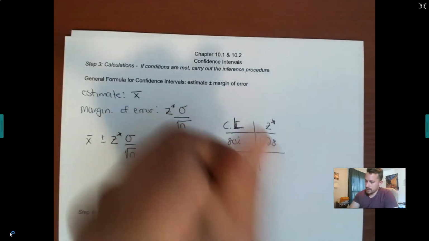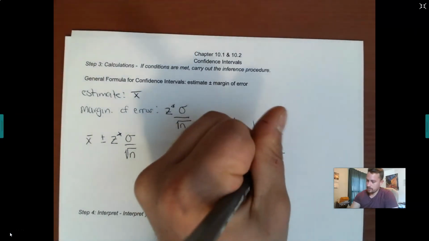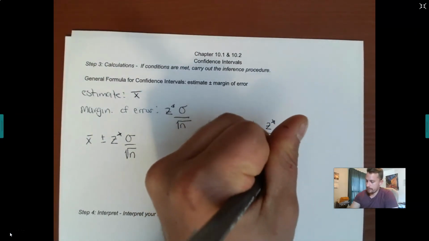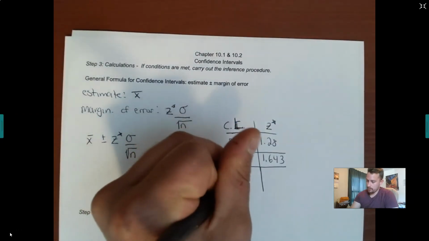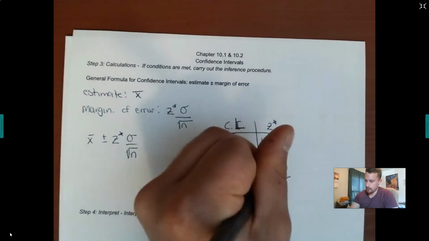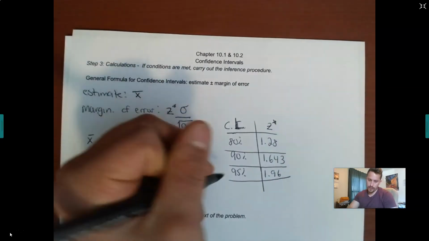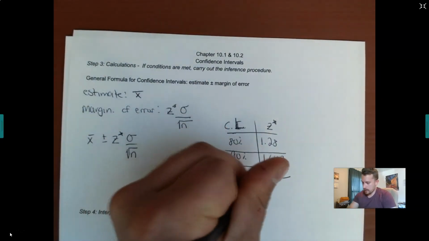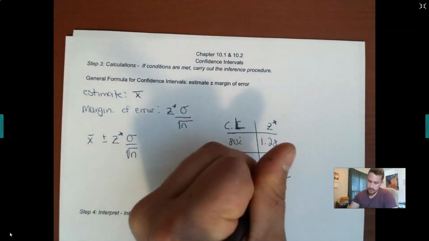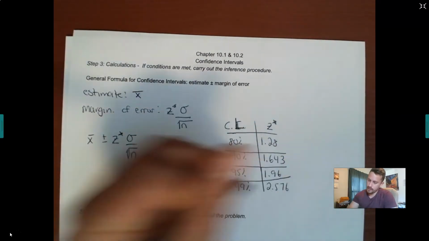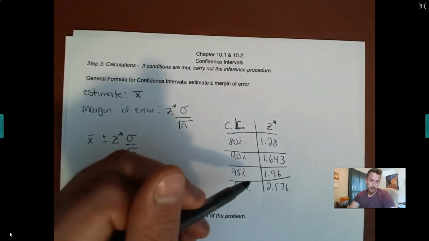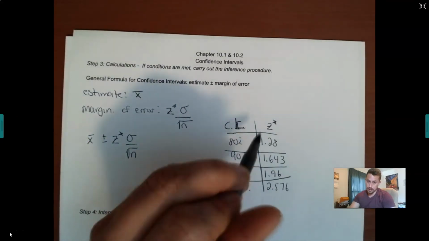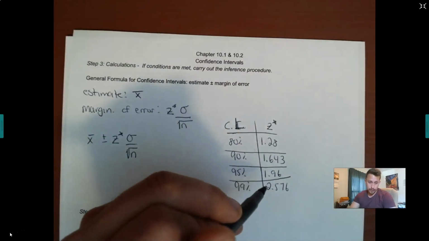Another common one is 90%, which would be a critical value of 1.643. Another common is 95% confidence interval, which would be a z of 1.96. And the 99% confidence level would be 2.576. This is all from that table A in the front of your book, based off of a normal distribution. These are really just z-scores.